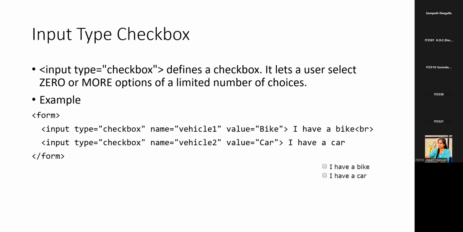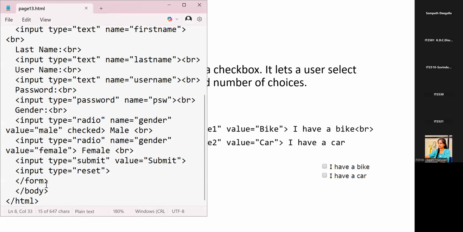And that information you can have, right? So ideally, if you have a situation like this, if you don't have a bike or a car, they can opt not to select any. If you have a bike, you can select bike. If you have a car, you can select car. If you have both bike and car, then the user can select both. And I hope you understood the point here.